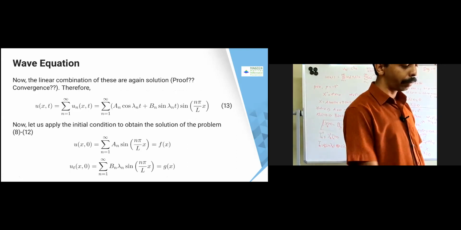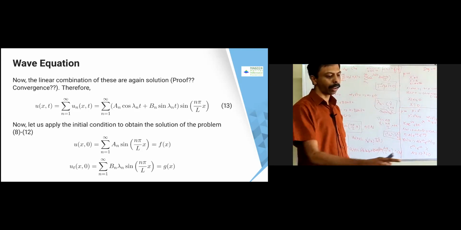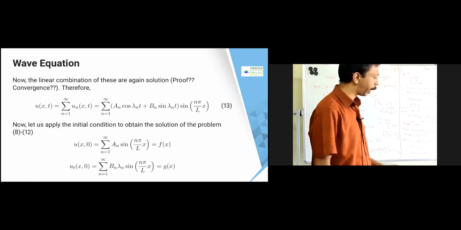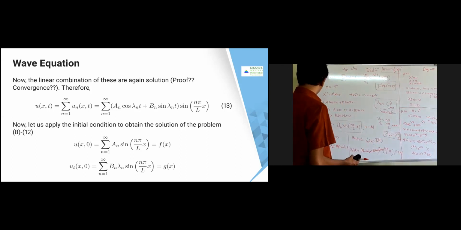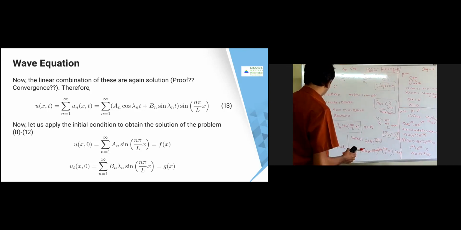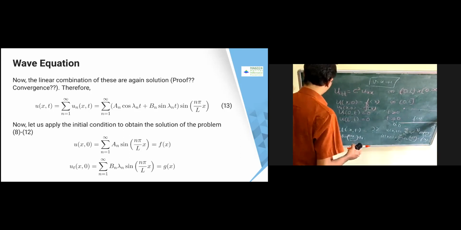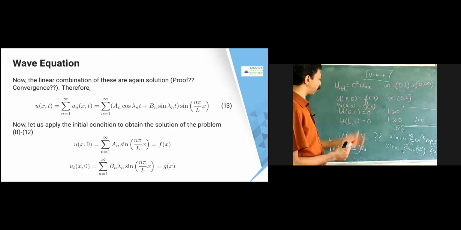Again, you use the same thing. U of x comma 0 equal to f of x will come, because I have two conditions now. One is u of x comma 0 equal to f of x, and the other is ut of x comma 0 equal to g of x.